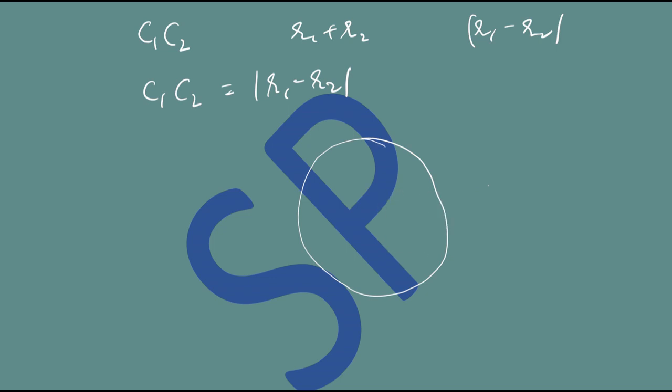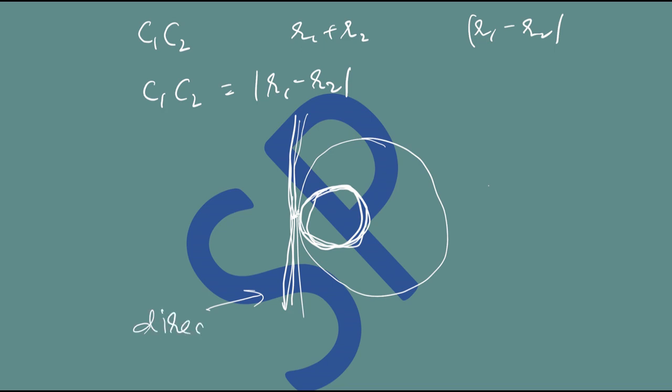So in such a case, when the circles are touching internally, I want you to observe that at the point of contact, I can draw exactly one common tangent. One tangent I can draw, and as circles are lying on the same side, we call this tangent a direct common tangent. So total one tangent, and the tangent is nothing but a direct common tangent.